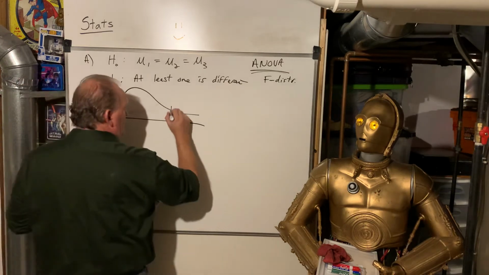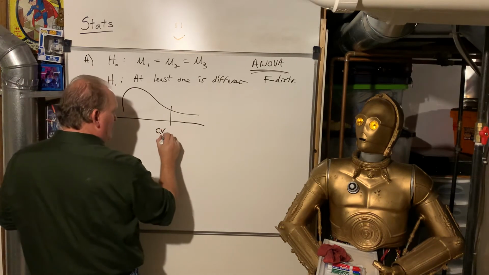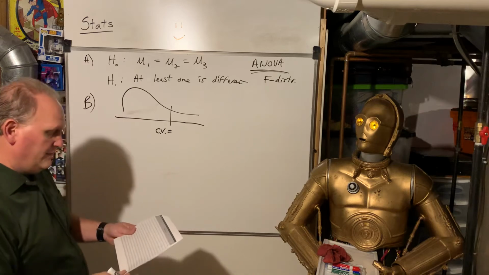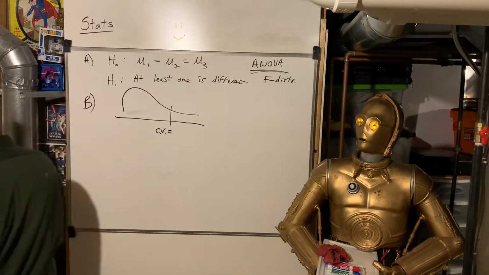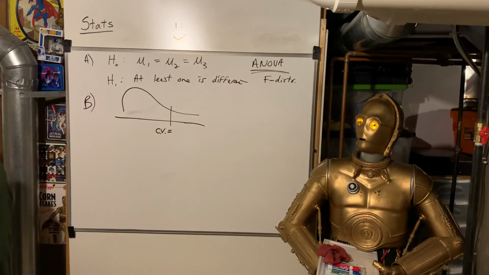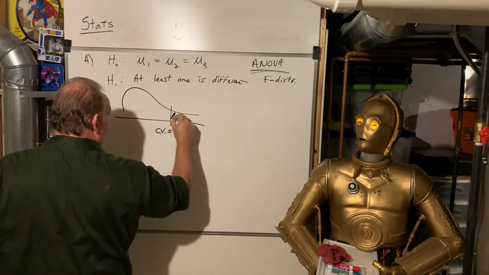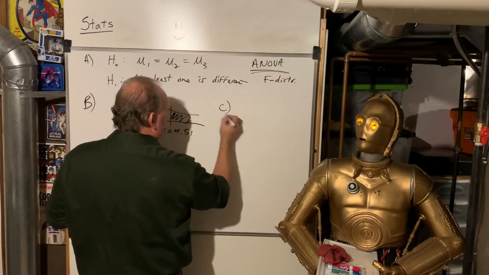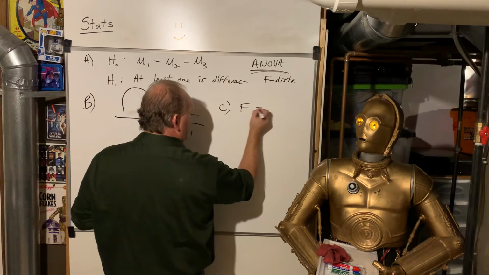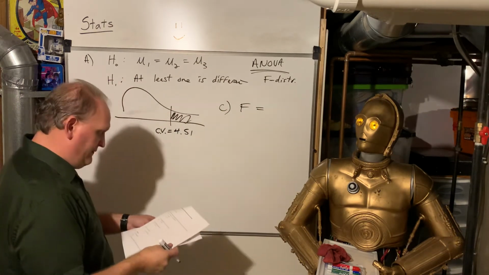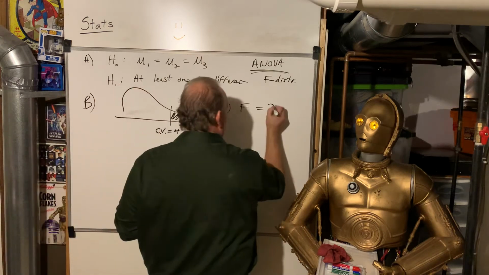When we look on there, it said our critical value on the readout was 4.51. And then normally we calculate the test statistic, but it did that for us. So we got the 2.45.